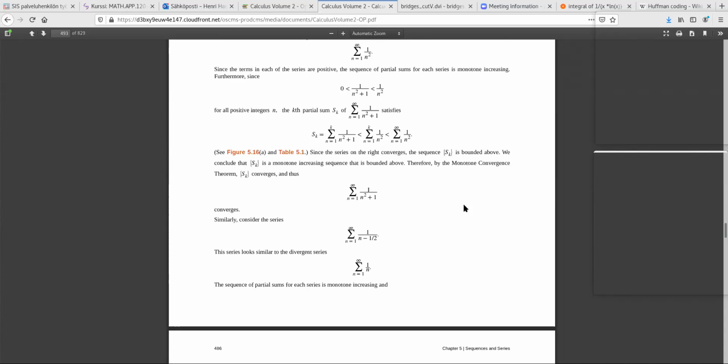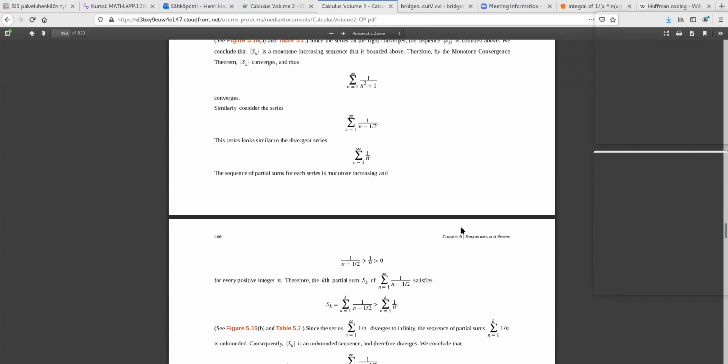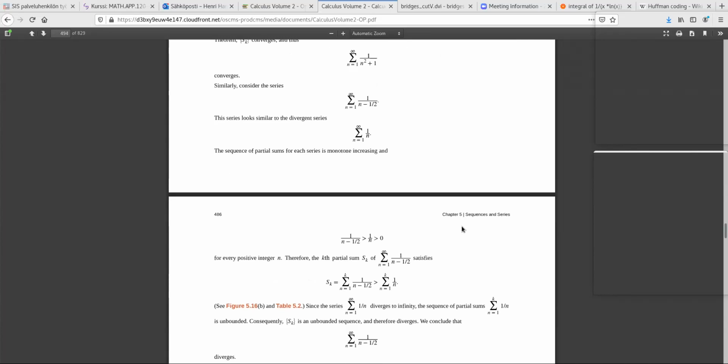Similarly, in the other direction, if we have 1 over n minus 1/2, let's say, which is being added, and we look at the series of 1 over n, which we know to diverge, every term in the first series is then larger than every term in the second series.